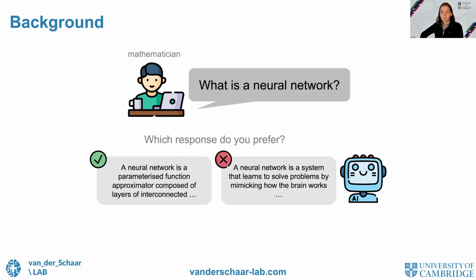However, for someone who is more technical, say a mathematician, that person may prefer the response on the left. And so when looking at this setup of data collection, I realized that these user-specific factors may introduce a certain form of confounding bias.